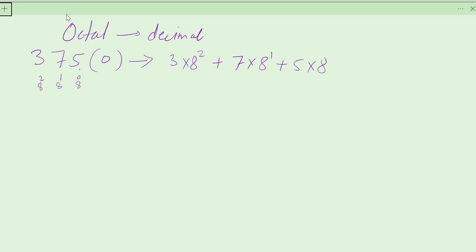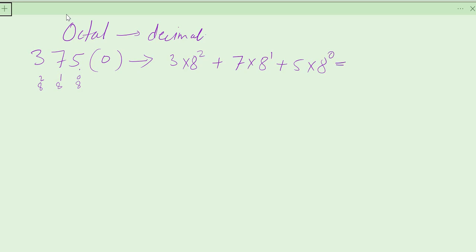Suppose 375. So 375 is an octal number. So 375 means 8 raised to 0, 8 raised to 1, 8 raised to 2 will be the weights. So 3 into 8 raised to 2 plus 7 into 8 raised to 1 plus 5 into 8 raised to 0.